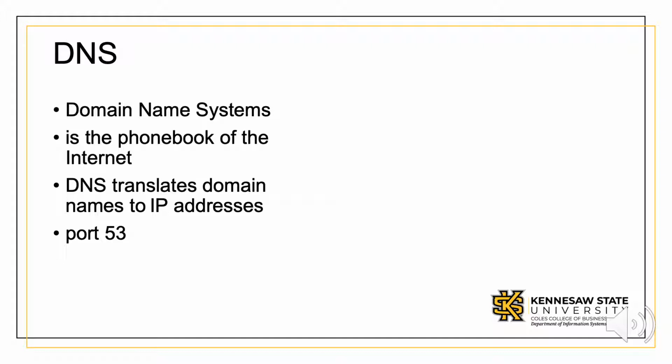Instead of the end user remembering the IP address for Google, they just type in Google, and DNS translates that into an IP address and finds Google for you. That basically explains DNS. It also runs on port 53.